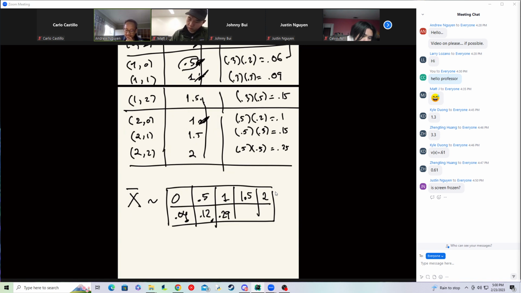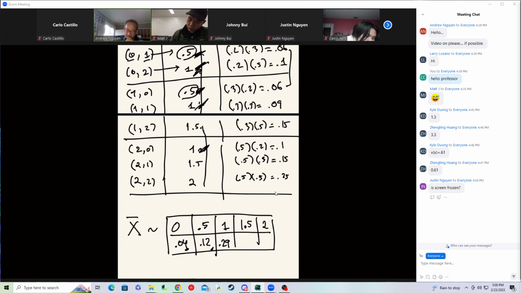Okay. 1.5, so that's 0.30. And finally 2, that's 0.25. And before I submit my answer, I'm going to check if the sum of the second row is 1. Do they sum up to 1?